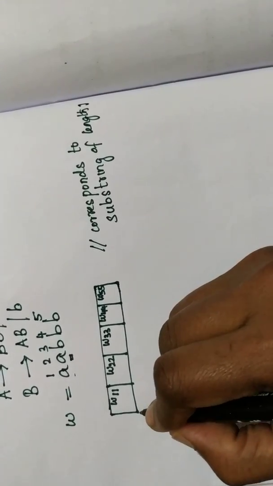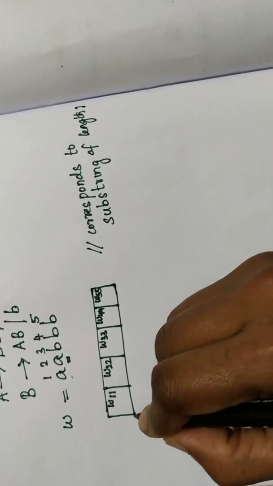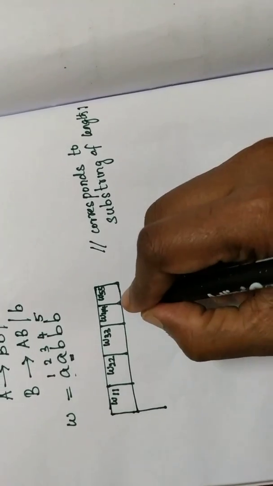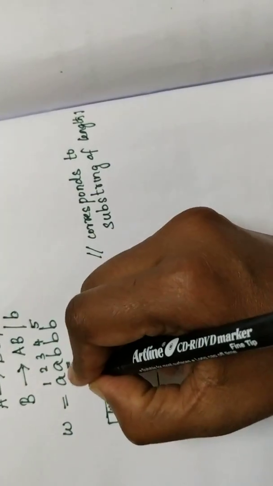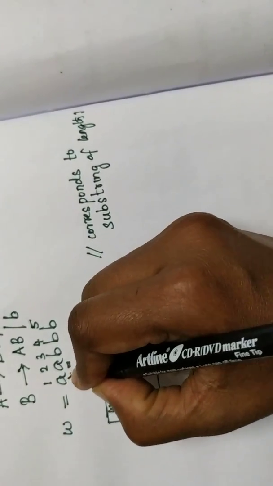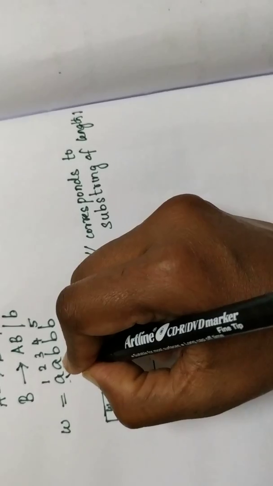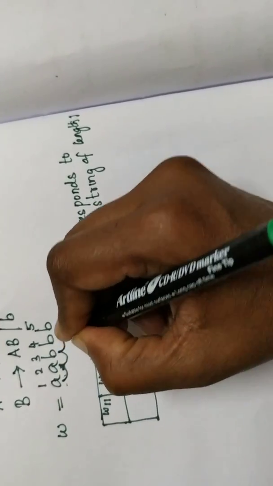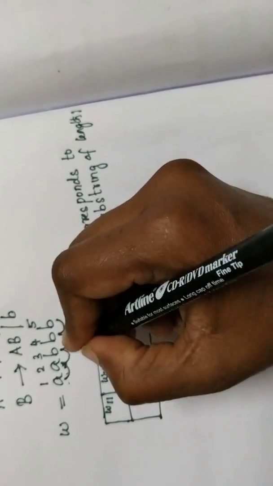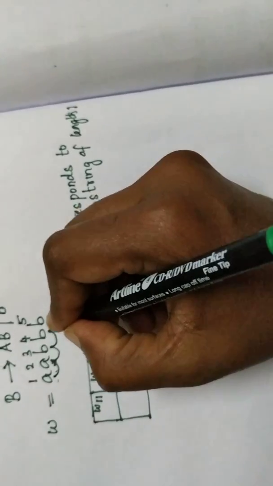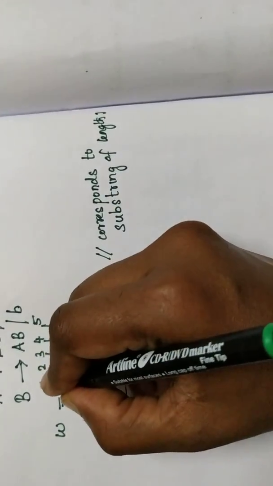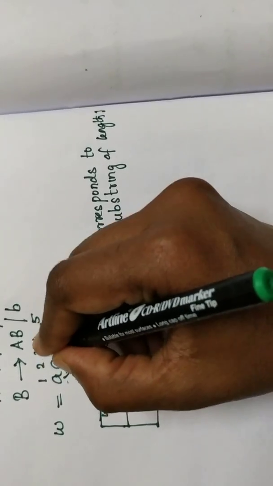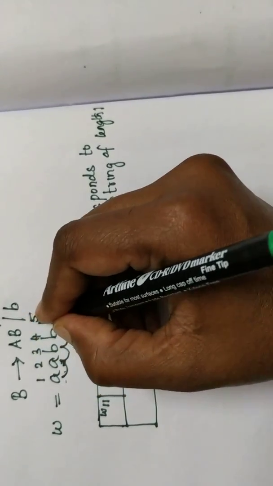The second row corresponds to substrings of length 2. The substrings are AA, then AB, BB and BB. These are all substrings taken in sequence from the given string, that is 1,2; 2,3; 3,4; 4,5.